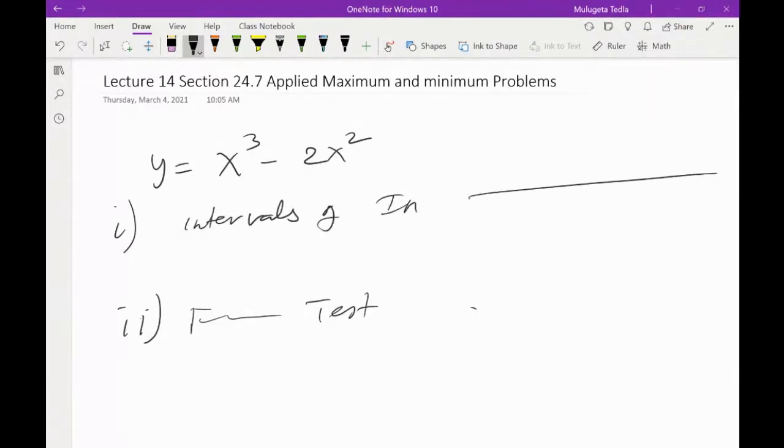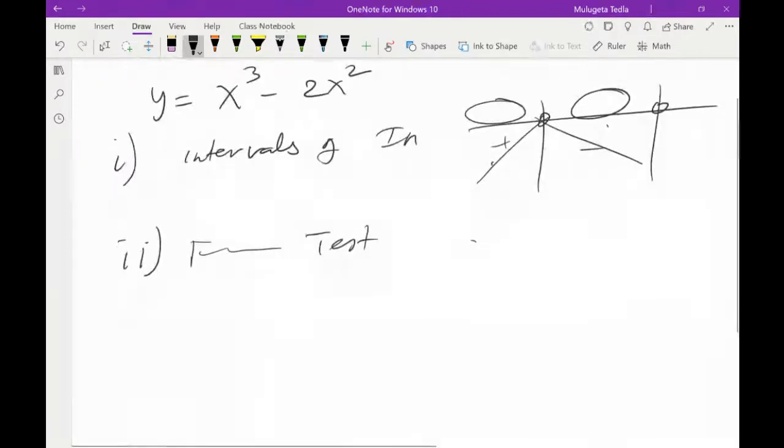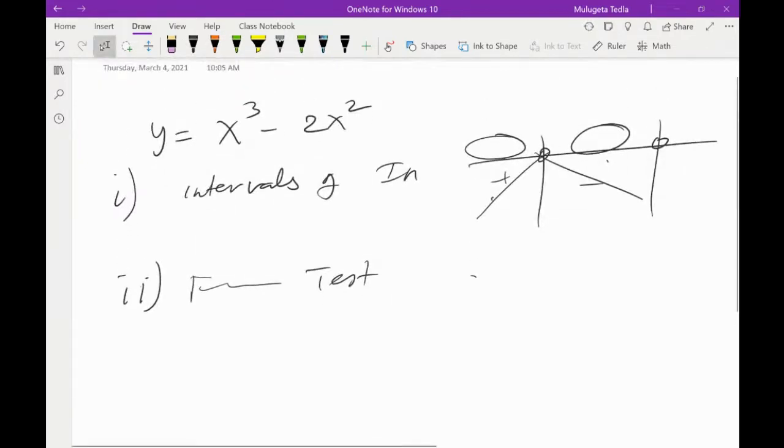You have to make the sign chart. You have to have the critical numbers. When the slope is positive, it goes increasing. Slope is negative, it goes decreasing. So in here, it's increasing. In here, it's decreasing. You're going to answer that. Then I think the first must be find the critical numbers.